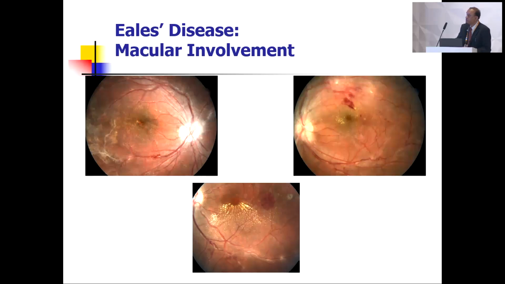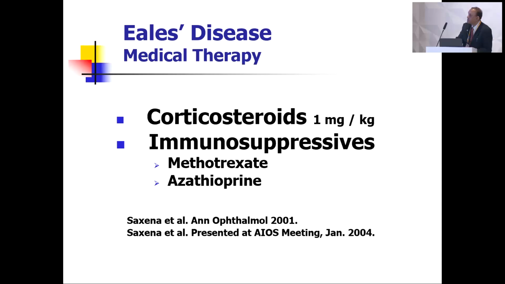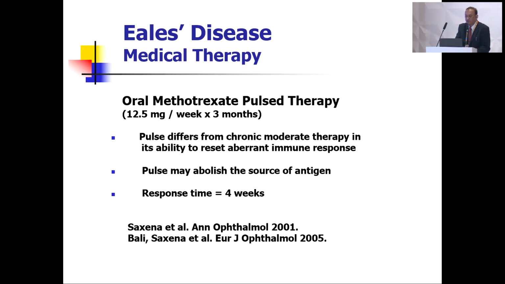So here are some of the examples of macular involvement, and here also we can see the pull on the macula due to the tractional component and an increase in the foveal avascular zone, which might be associated with this condition.